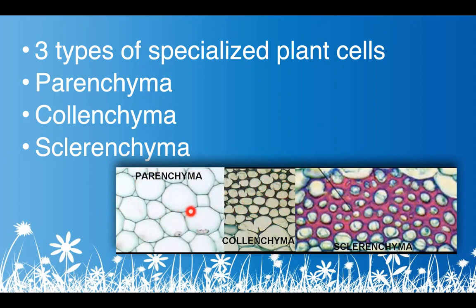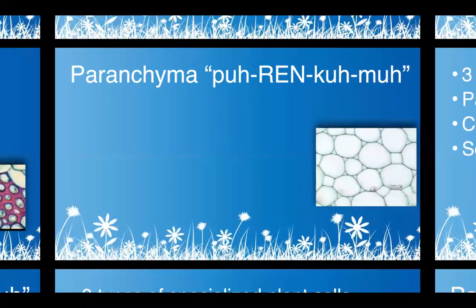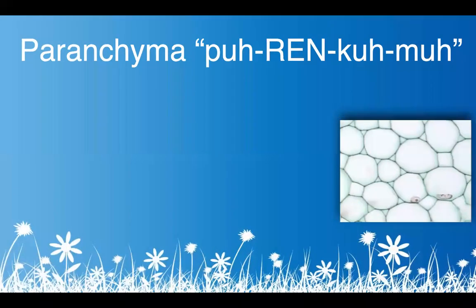So you can see basically as you go from Parenchyma to Sclerenchyma, the cell wall is becoming thicker, and there is a reason for that. And I want you to also keep in mind that phrase form follows function. The reason why things in biology are structured the way that they are is because of the function that they have. So let's go ahead and look at the first type of specialized cell in plants, which is called Parenchyma.